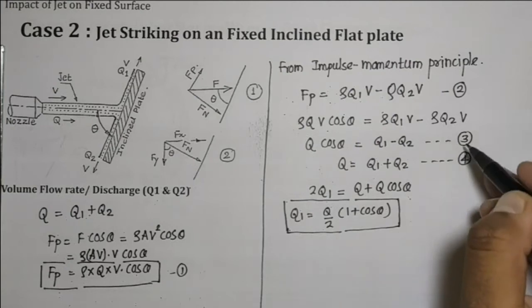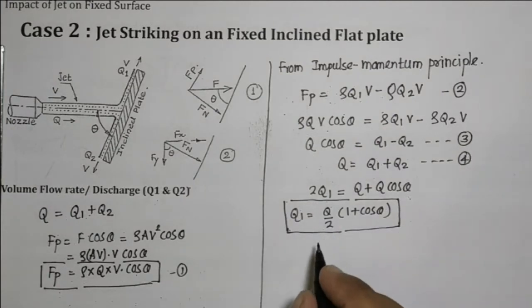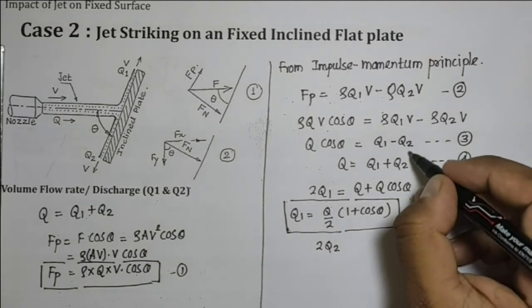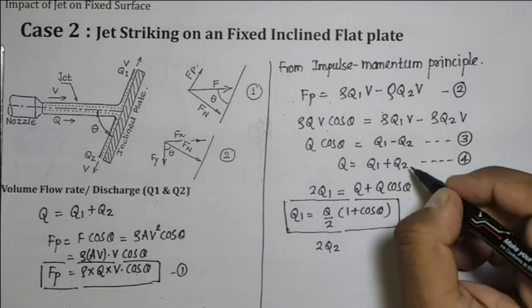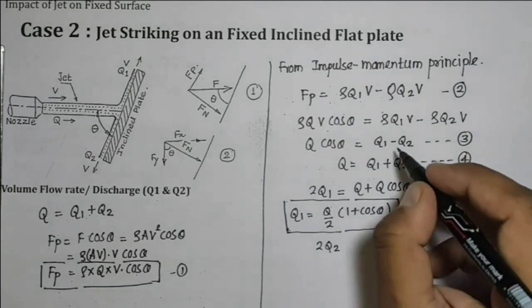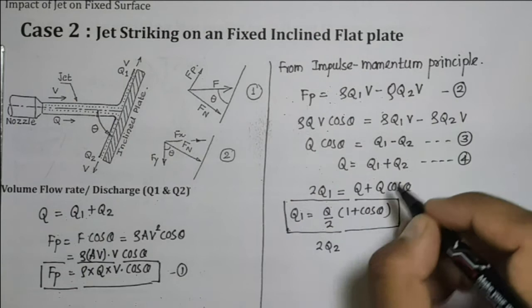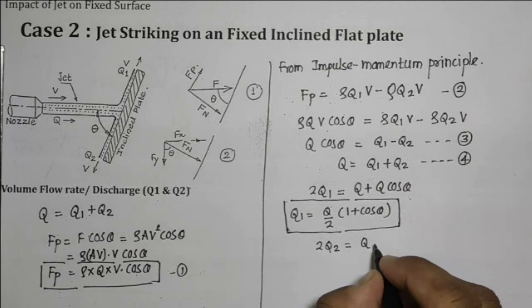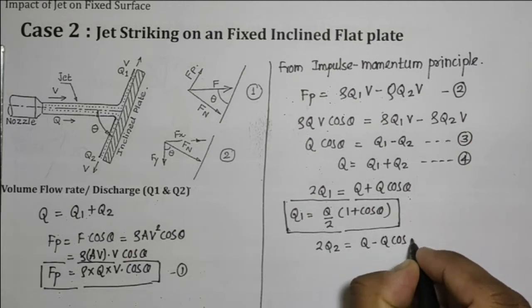Now if we subtract equation number 4 from 3, we have 2Q2 on either side is equal to Q minus Q cos theta.